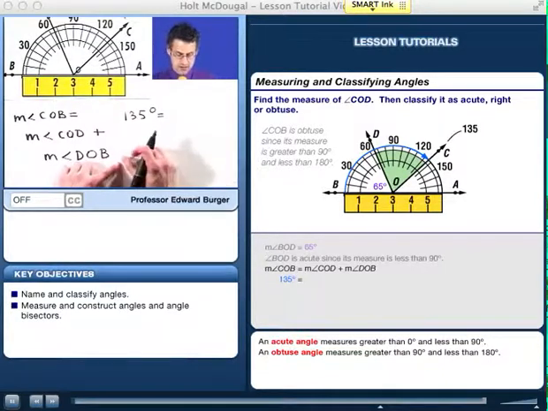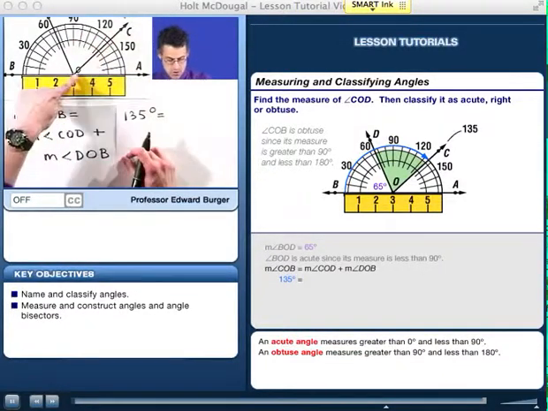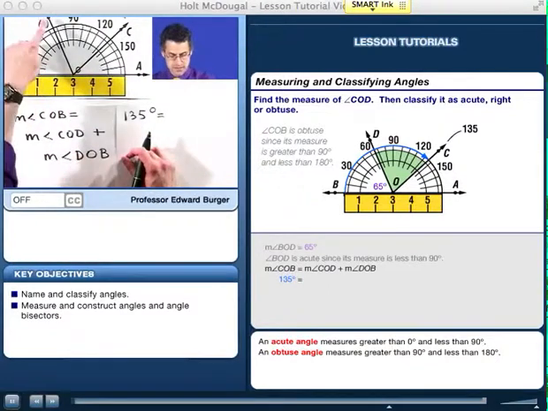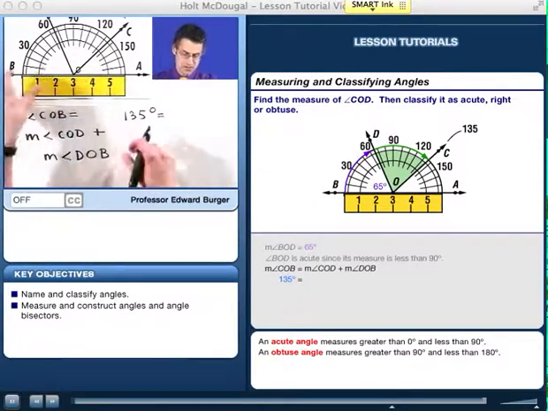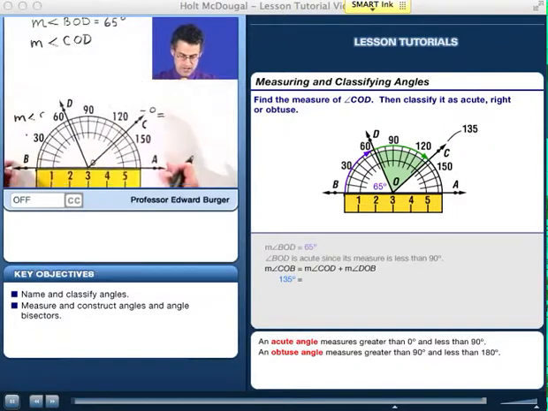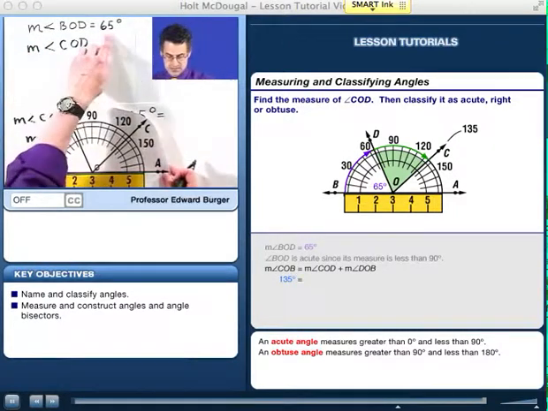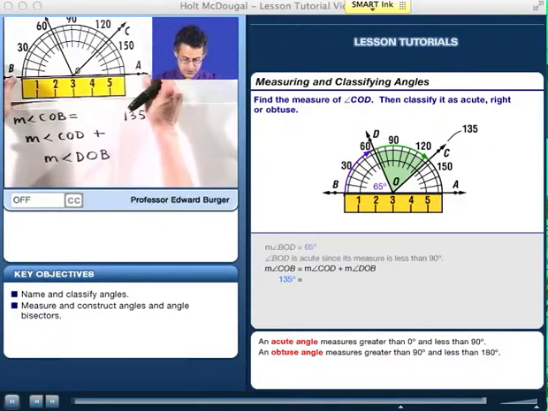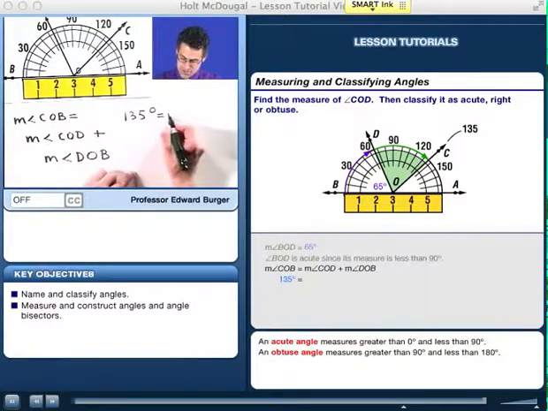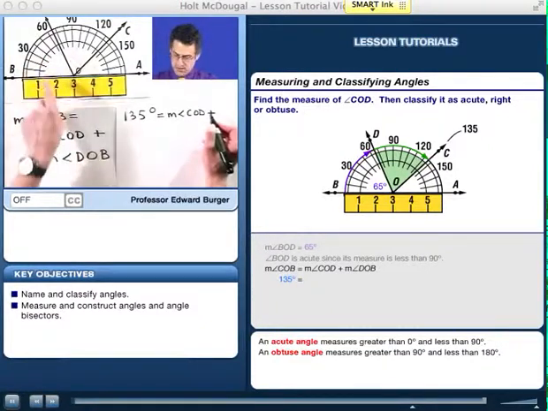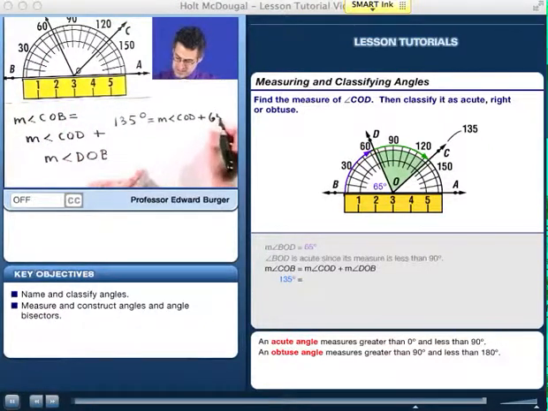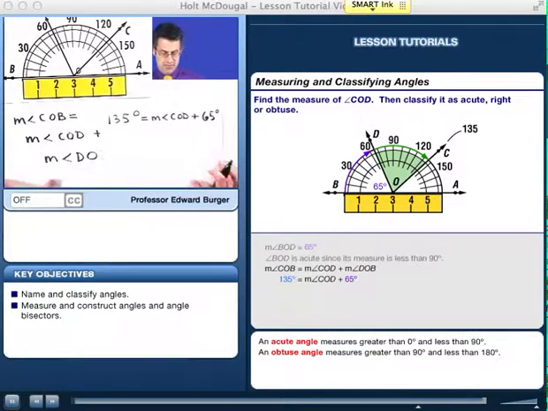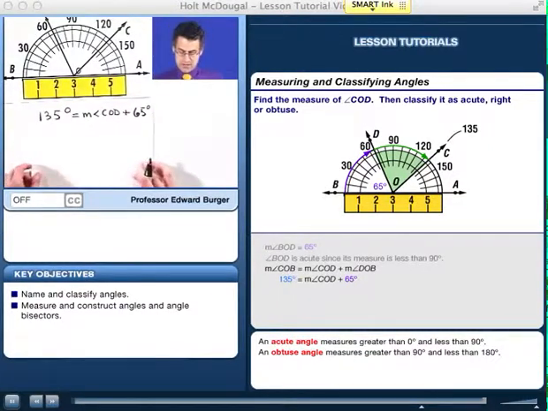And that's going to equal the sum of the angles, measure of angle COD plus this measure. But that measure is something that luckily we just figured out to be 65. So it's going to be equal to the measure of angle COD plus this angle, which we already figured out to be 65 degrees.